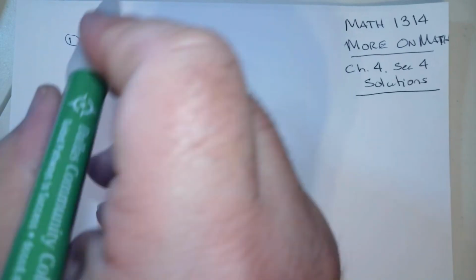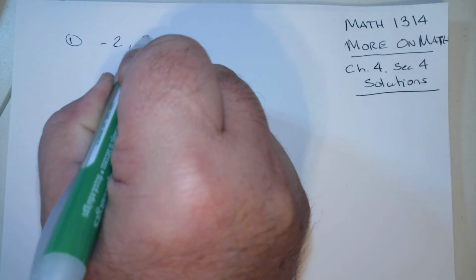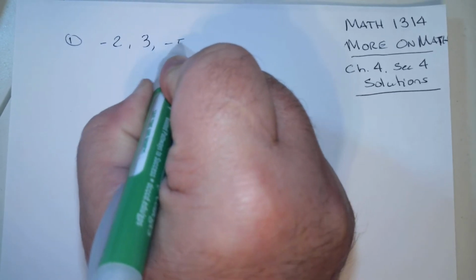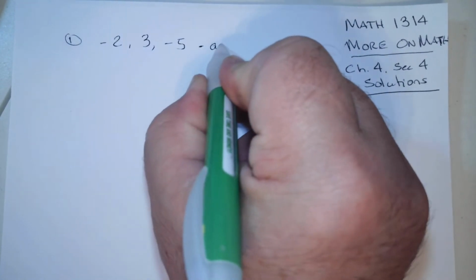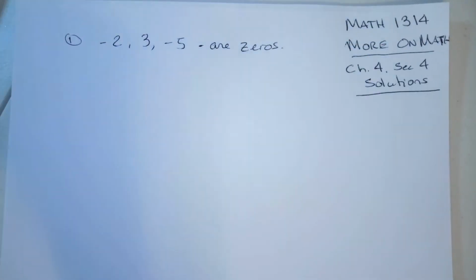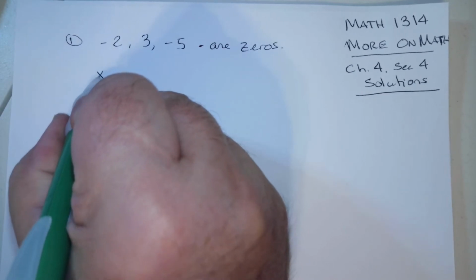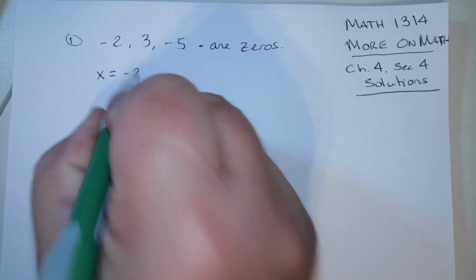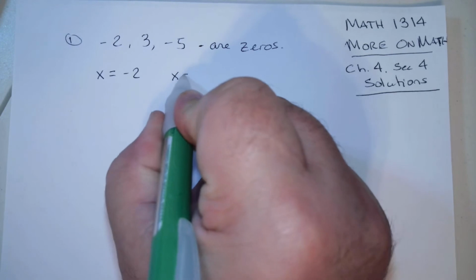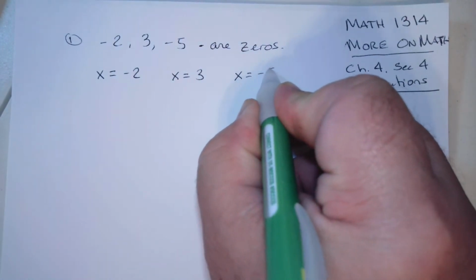So for number 1, we know our zeros are -2, 3, and -5. They're also x-intercepts, so x equals -2, x equals 3, and x equals -5.